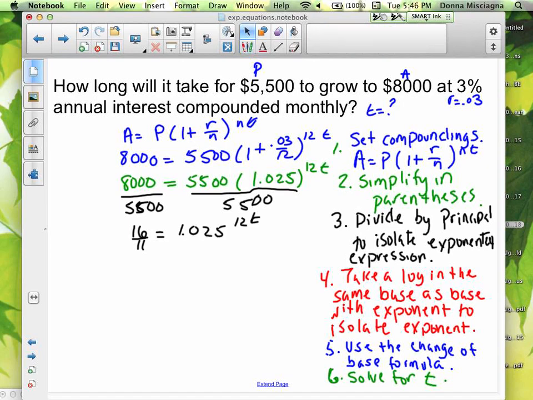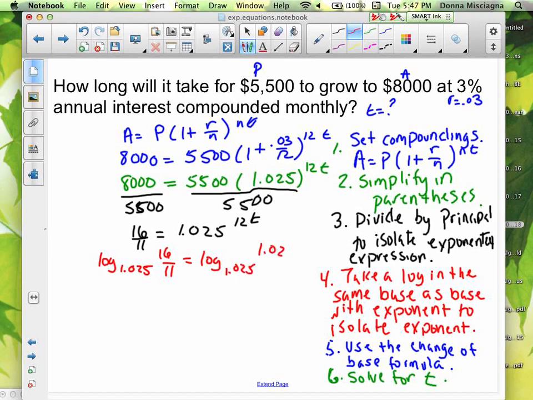So now we're going to take a log in the same base. So we have log base 1.025 of 16 11ths equals log base 1.025 of 1.025 to the 12t power. The power rule can move that in front, right? So we have log base 1.025 of 16 11ths.